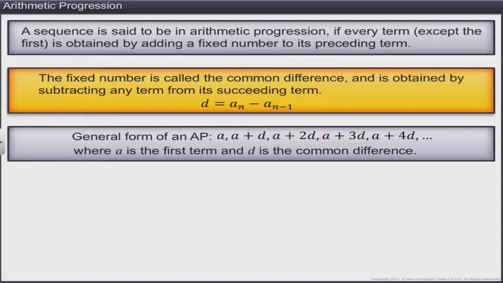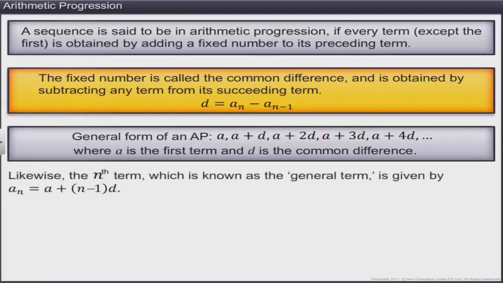Likewise, the nth term, which is also known as the general term, is denoted by a with the subscript n and is equal to a plus n-1 into d. With the help of this general term or nth term, we can find out any required term in the sequence without actually finding the preceding terms.